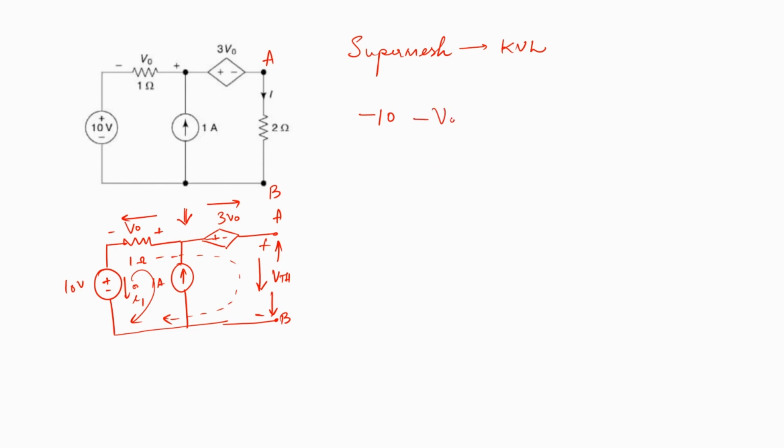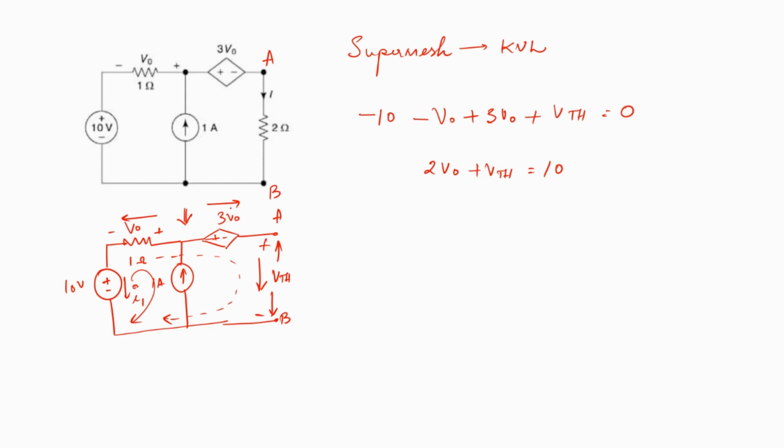So minus V naught, and here we have a voltage drop of plus 3 V naught because this arrow and the dotted arrow is in the same direction. So plus 3 V naught, again plus VTH is equal to 0. So here we get 2V naught plus VTH is equal to 10.